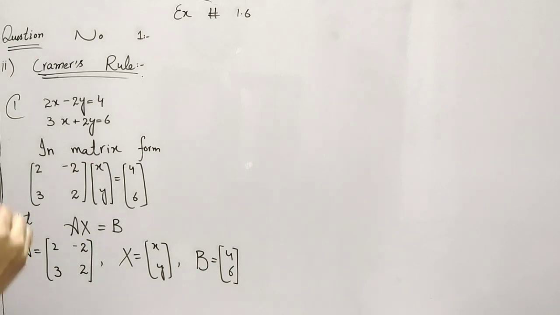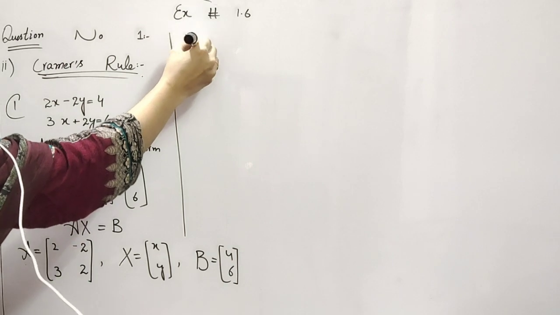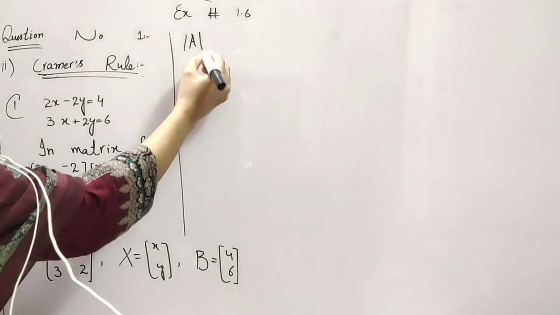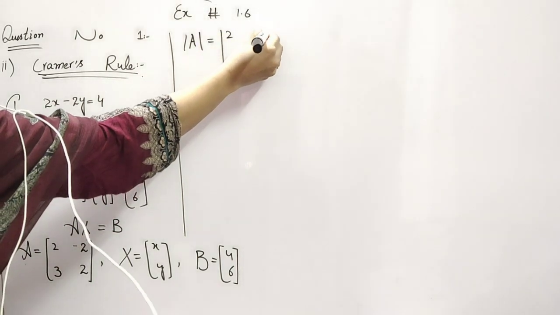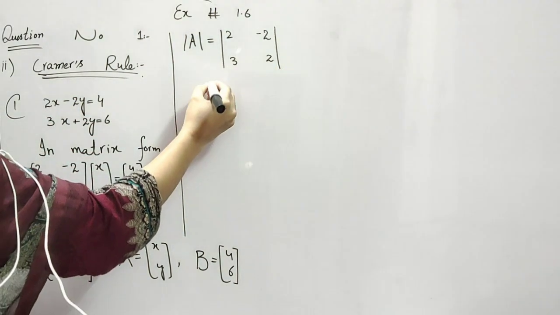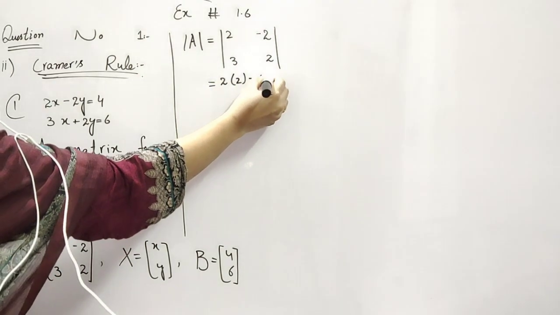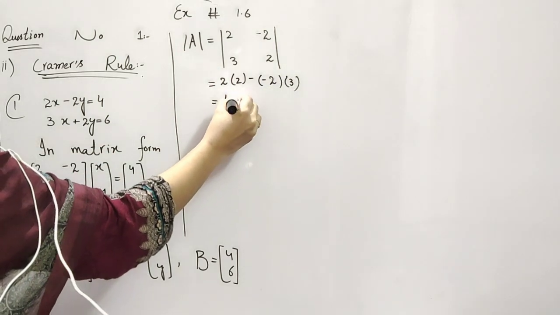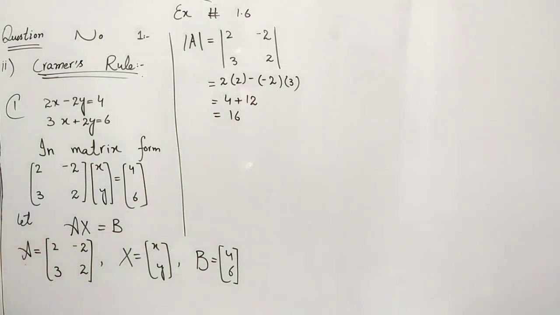Now we will find the determinant of A. So the determinant of A will be equal to |2, minus 2; 3, 2|. This will be equal to 2 into 2 minus (minus 2) into 3, which is equal to 4 plus 6.